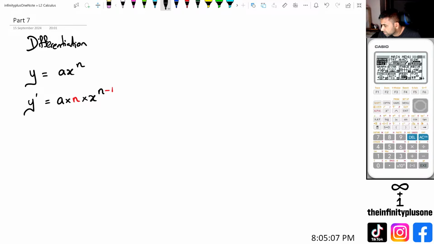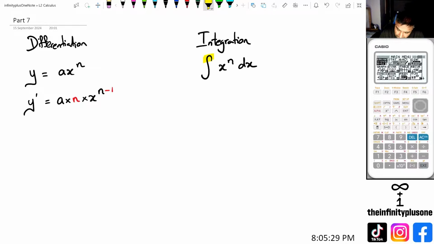Now, when it comes to integration, or anti-differentiation as it's known, there's a couple of new things that are going to come up. The first thing is the integral sign itself. This sign here is what we know as the integral sign.